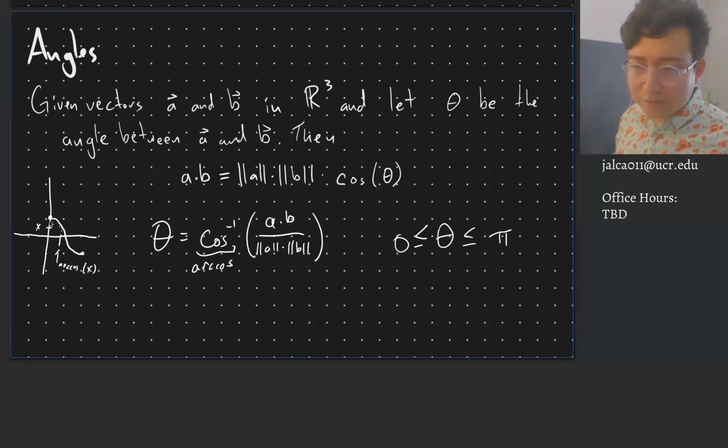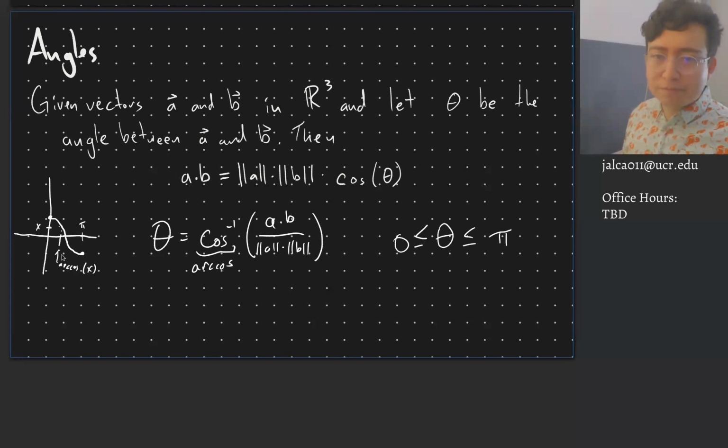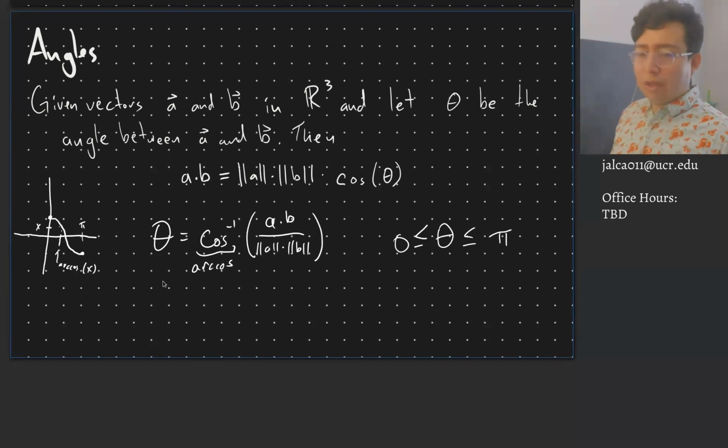And hence that's why it's always between 0 and pi. So all of this is to say that this formula is only going to give us angles between 0 and pi.